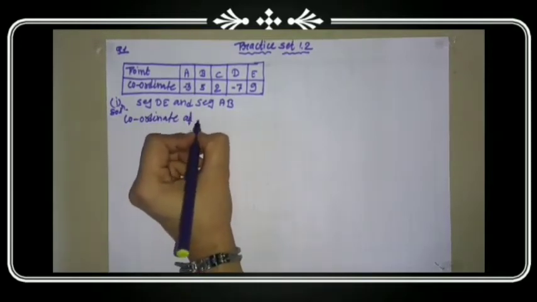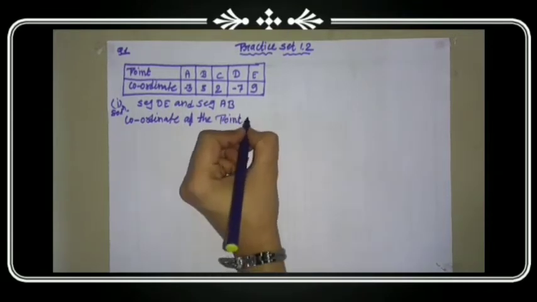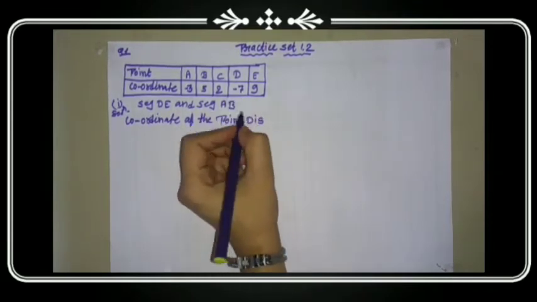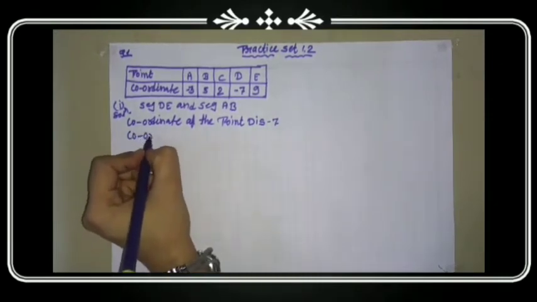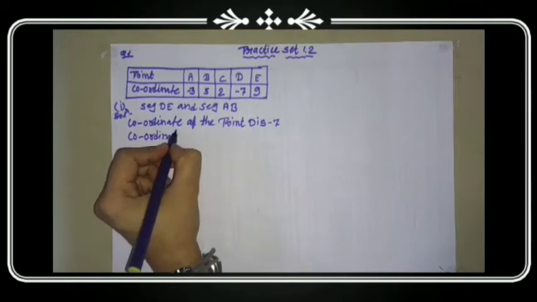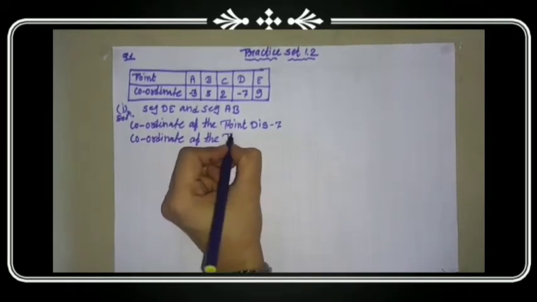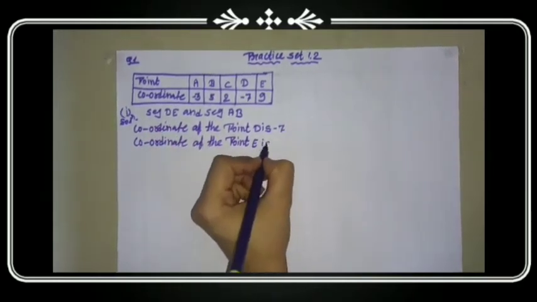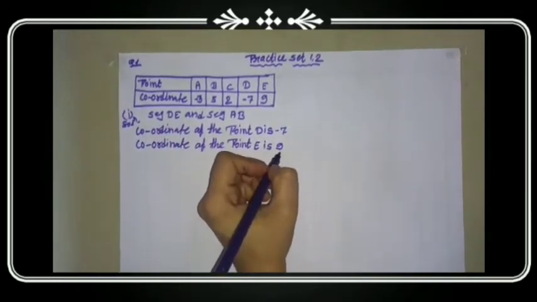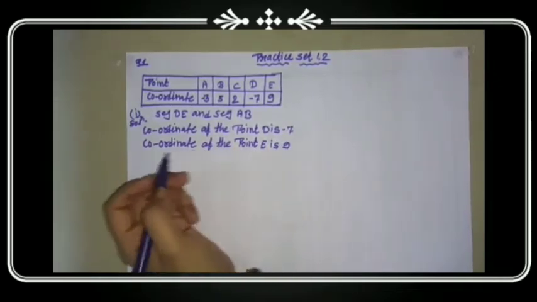Coordinate of the point D is -7 and coordinate of the point E is 9. 9 is greater than -7.